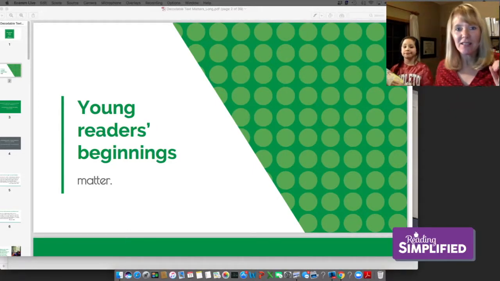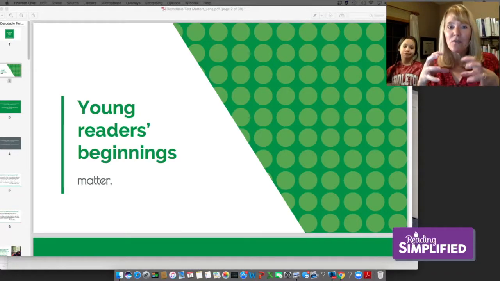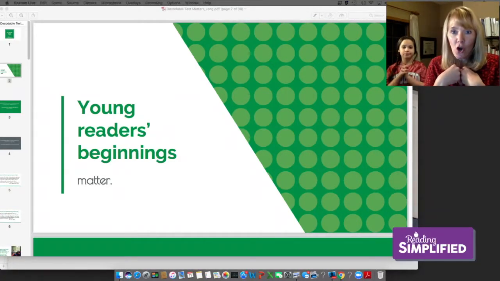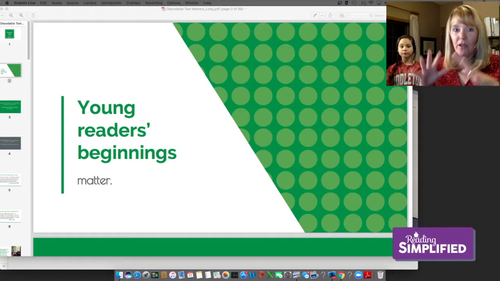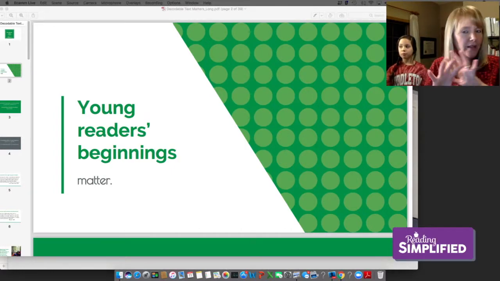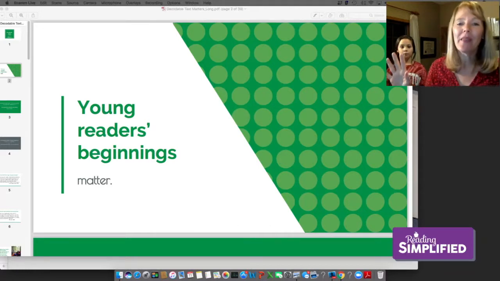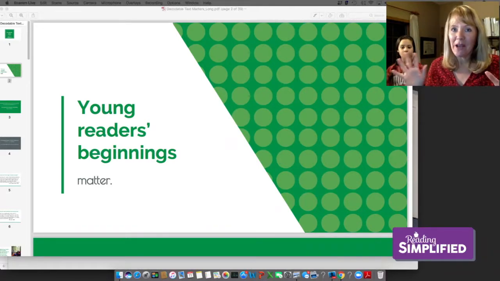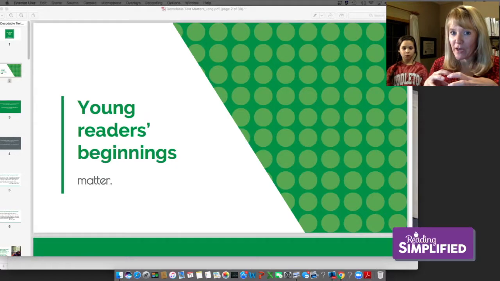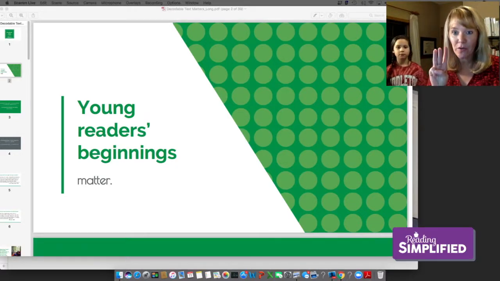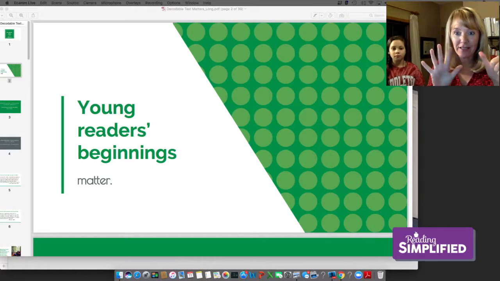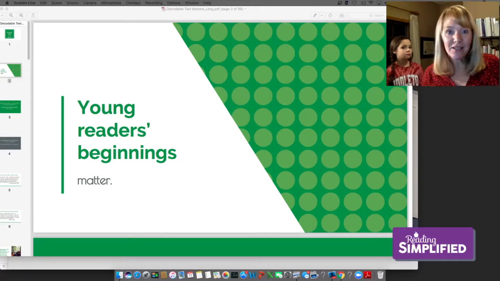So it is constrained so that the student can take her knowledge of how our code works and put it into practice with a simple text that is controlled, not the whole world of English on all the words that we could possibly use, but something controlled and constrained that focuses on what she may have learned so far. And it's a lot easier to read a 3-sound word than to read a 6-sound word. Fox is easier than stomp, right?